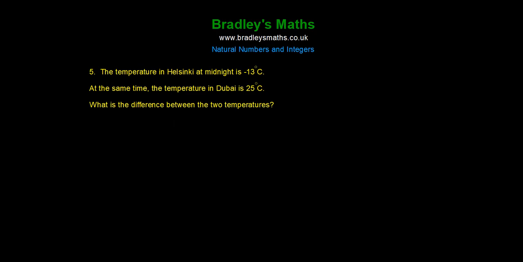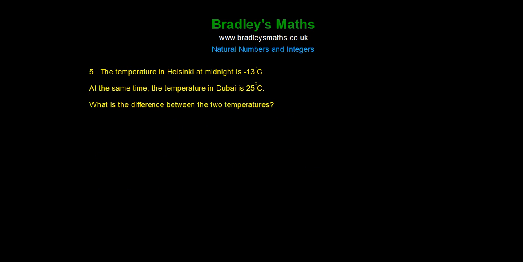Be careful. Please be careful. The difference between two numbers is the highest number minus the lowest number, and it is always positive. You should never write a difference as a negative number.